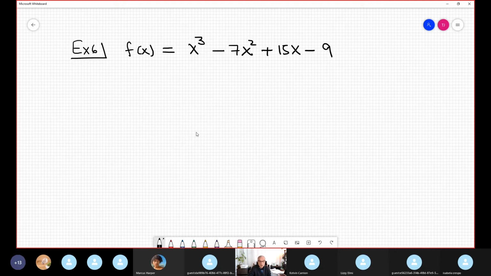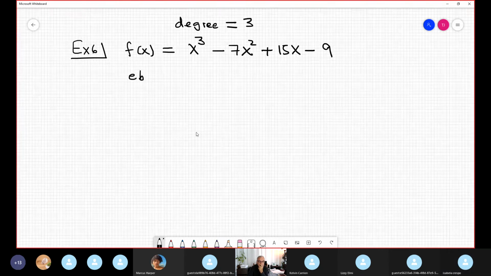Let's try to summarize everything we are learning today in this example. What is the degree of this polynomial? 3. What is the end behavior expression of this polynomial? x cubed. Excellent.